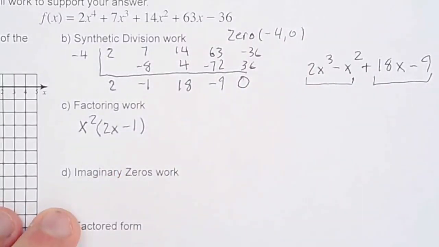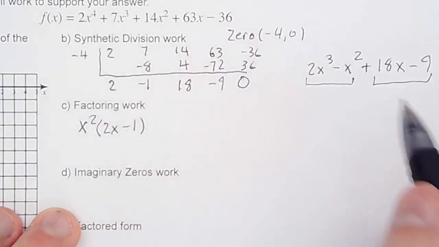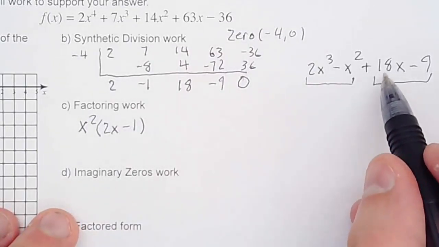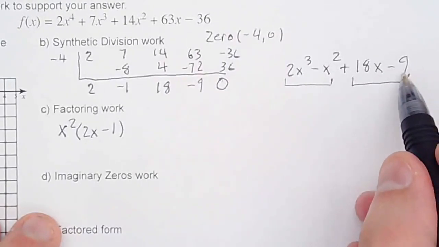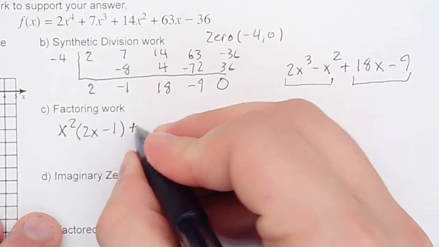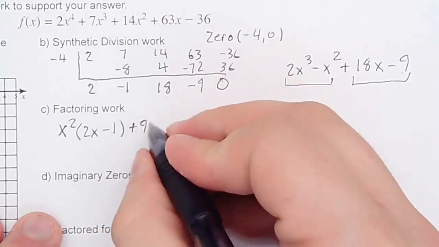Over here, I can factor out a 9 from both of these. That's the greatest common factor. So take out a 9, and on the inside, what's left is 2x minus 1.